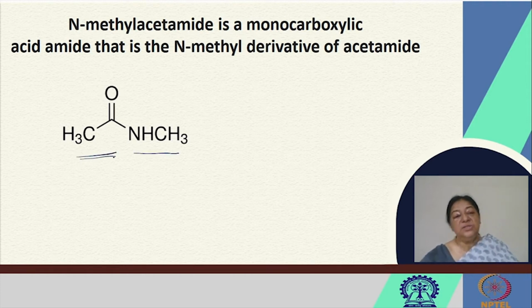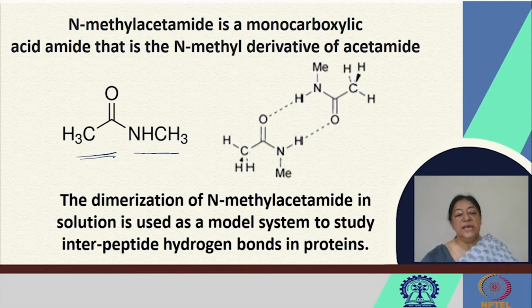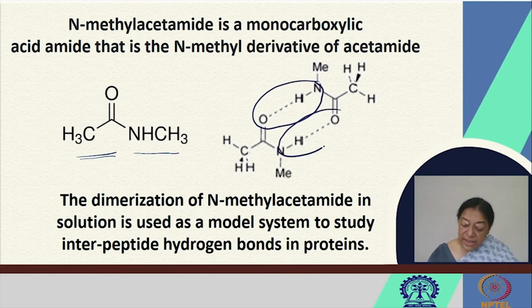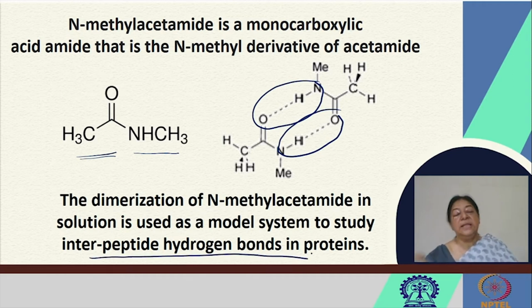The reason why this compound is chosen for a lot of studies is that its dimerization is a model system to study the dipeptide, as you can see, the C=O and NH that gives us interpeptide hydrogen bonds in proteins. That is the important measure to understand their interaction. So this is sometimes used as a model in many studies.